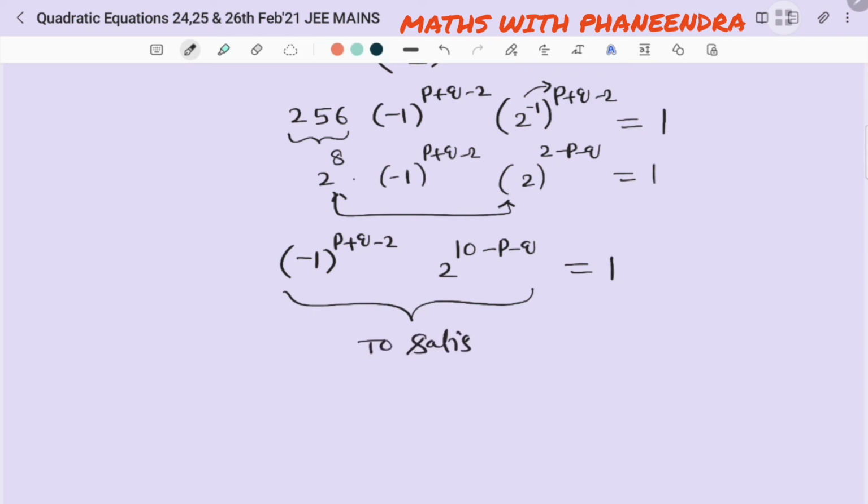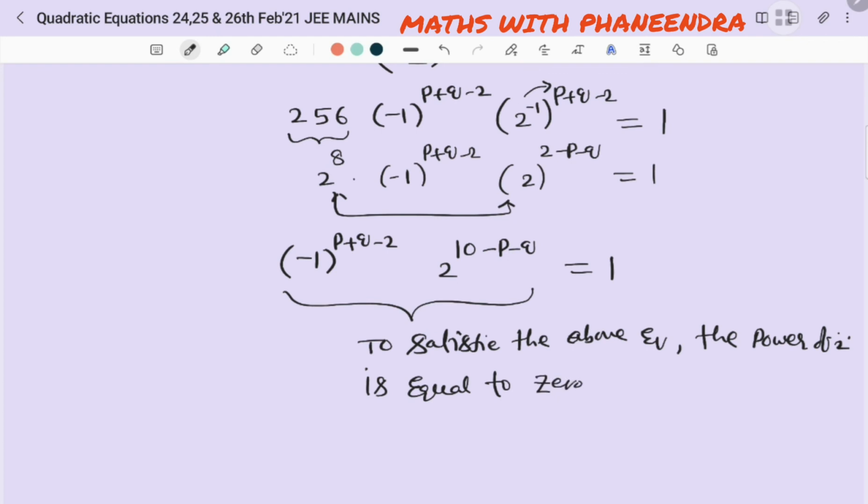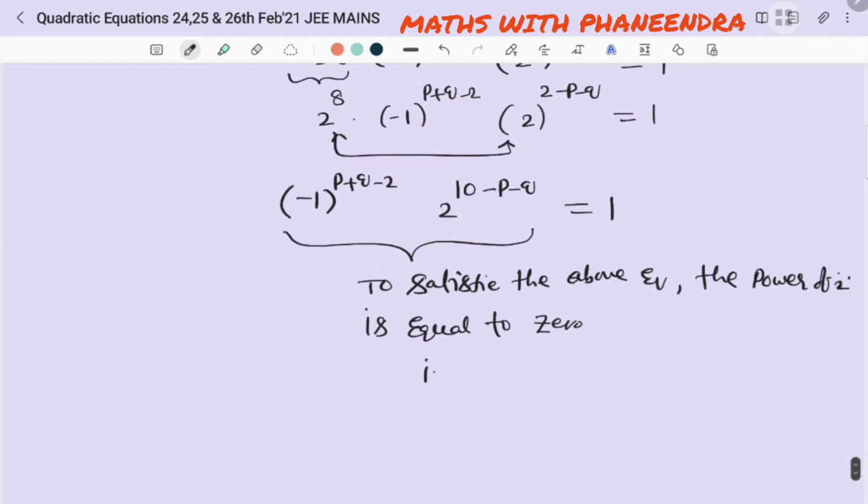To satisfy the above equation, the power of 2 is equal to 0, that is 10 minus p minus q equal to 0. That implies p plus q is equal to 10.